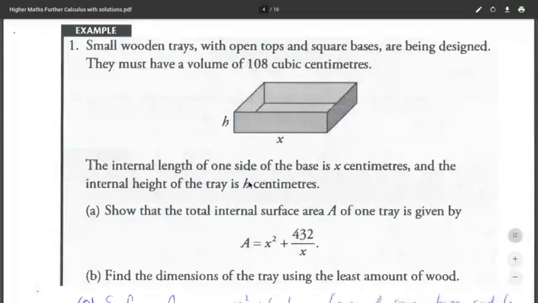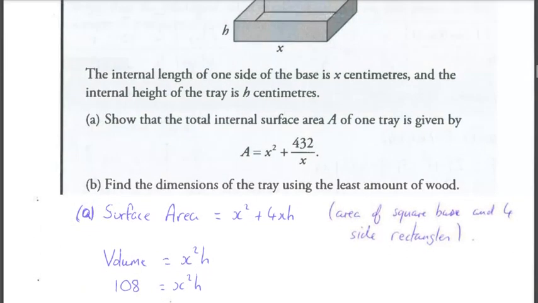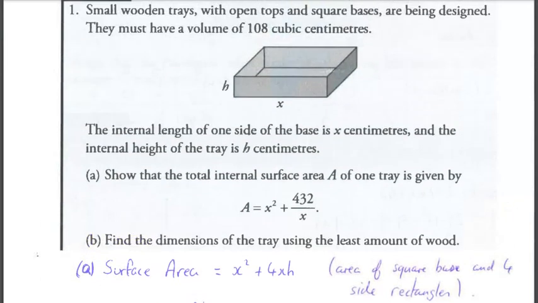So what is the surface area, the internal surface area? Well, that is the area of all the surfaces. So as we can see here, we've got 4 rectangles for each side, plus we've got the square. That is the base, there's no lid on it. So we've basically got 4 rectangles and 1 square. So the surface area will be x squared plus 4xh. Where's that coming from?